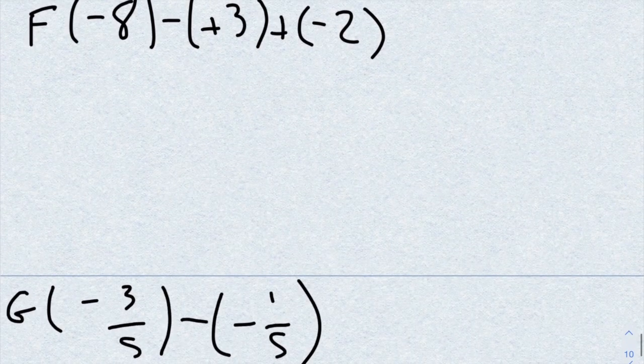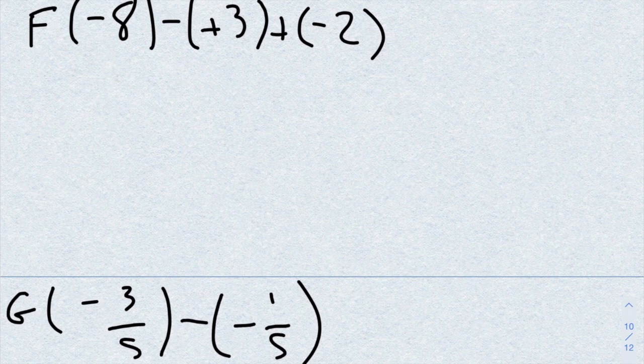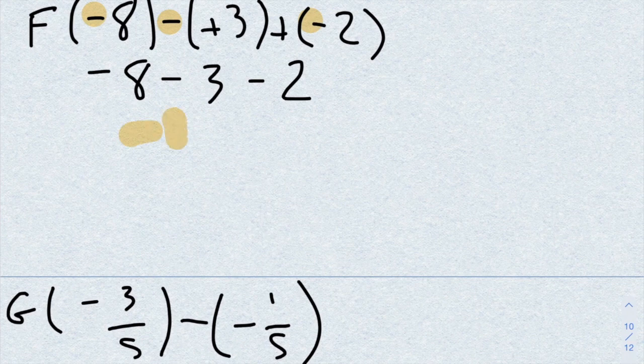Okay, letter F. Okay, I have minus 8, minus plus 3, plus minus 2. Minus, minus, minus. So negative 8 minus 3 minus 2. So negative 8 minus 3 is going to be negative 11.